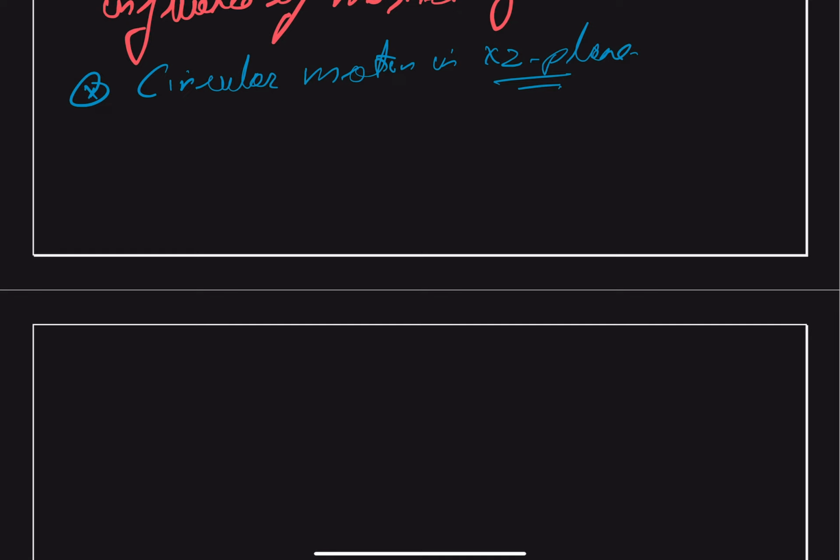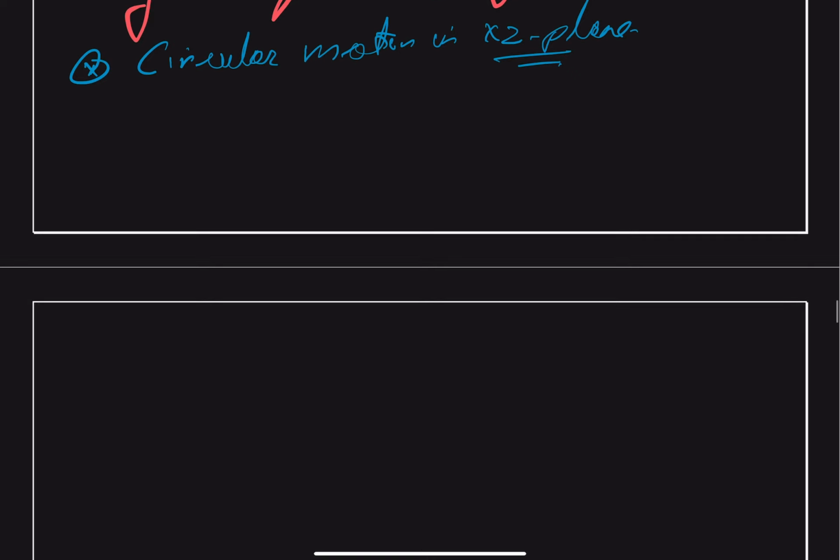Because of the circular motion, we can easily write the equation which gives us the radius of the circle.